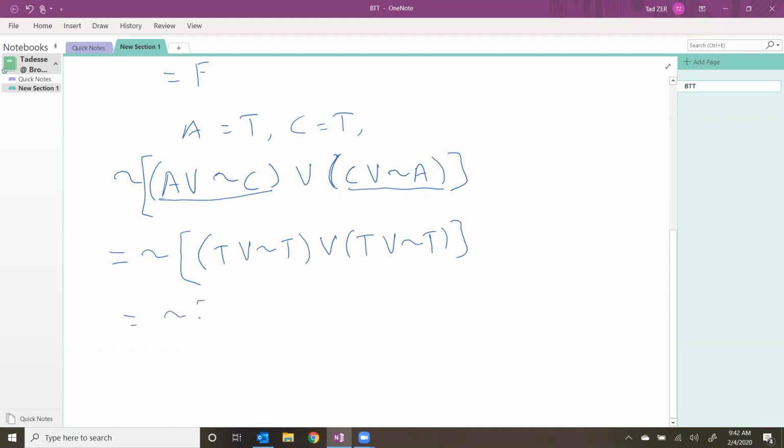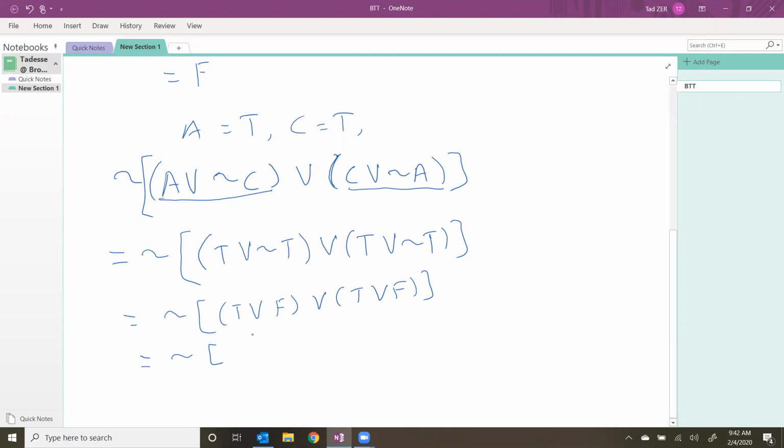The negation of true, or what is the negation of true? False, right? Or true, or again, what is the negation of true? It is false. So we are almost there. The negation of what is true or false? Remember, I told you for disjunction, if one of them is true, it will be true. The only way it will be false is if both are false.